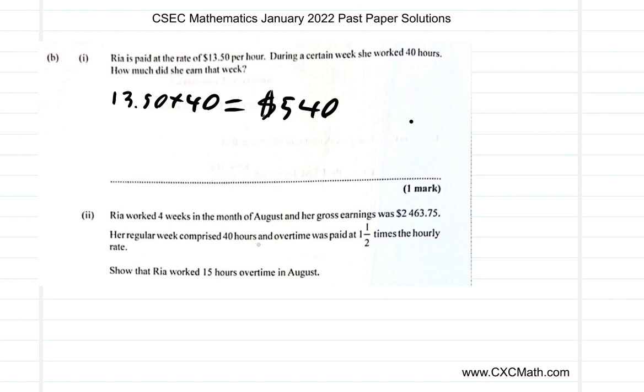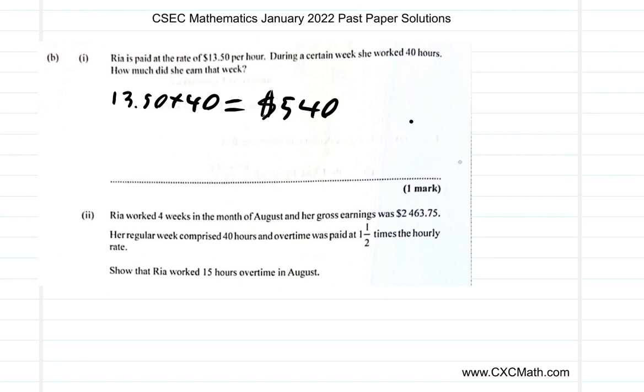Her regular week comprised 40 hours and overtime is paid 1.5 times the hourly rate. And you must show that Rhea worked 15 hours overtime in August. So pause the video and work that out. Alright. So, did you show it? Let us see what happens here.